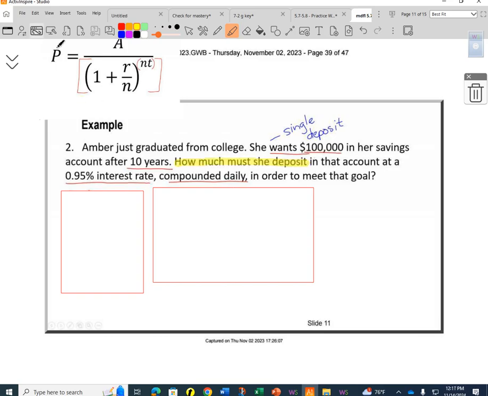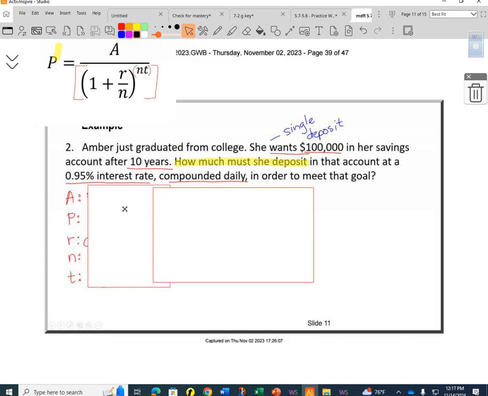So that tells me I'm looking for the formula that I'm solving for the deposit or the beginning balance. And it tells us it's compounded daily in order to meet her goal. So this is the formula. We should all be able to identify our A, P, R, N, and T, and you need to do that on your homework in order to get credit for it.